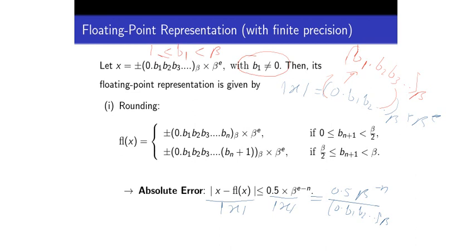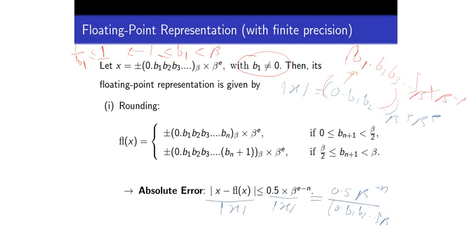What it tells you is that 1 by b1 is less than or equal to 1, so I can write this as into beta to the power minus 1. So 1 by b1 is less than or equal to 1.